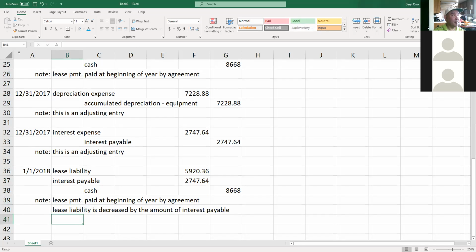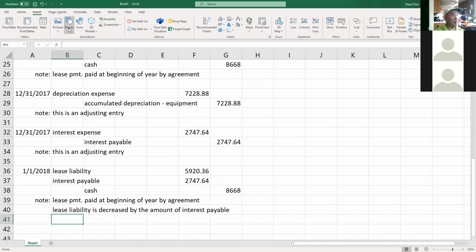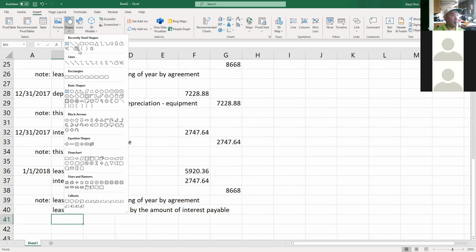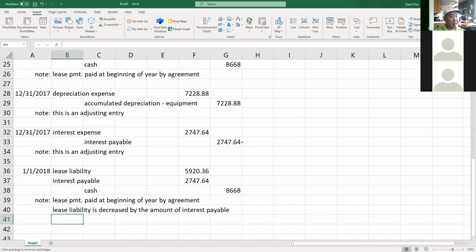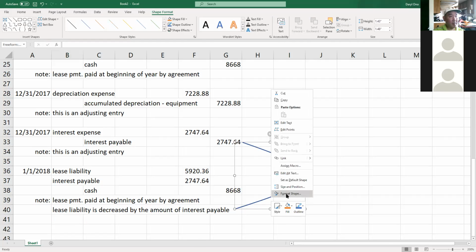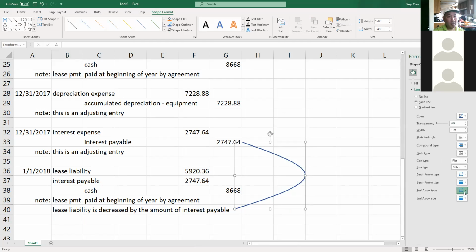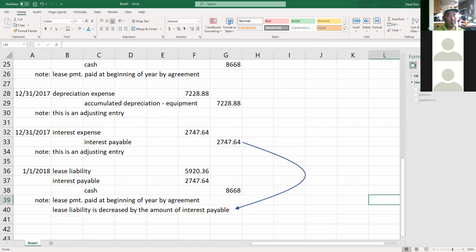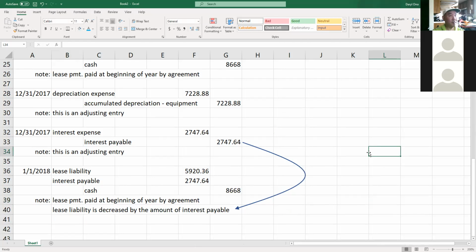And let me put an arrow there. Okay, and so I think that's part C.